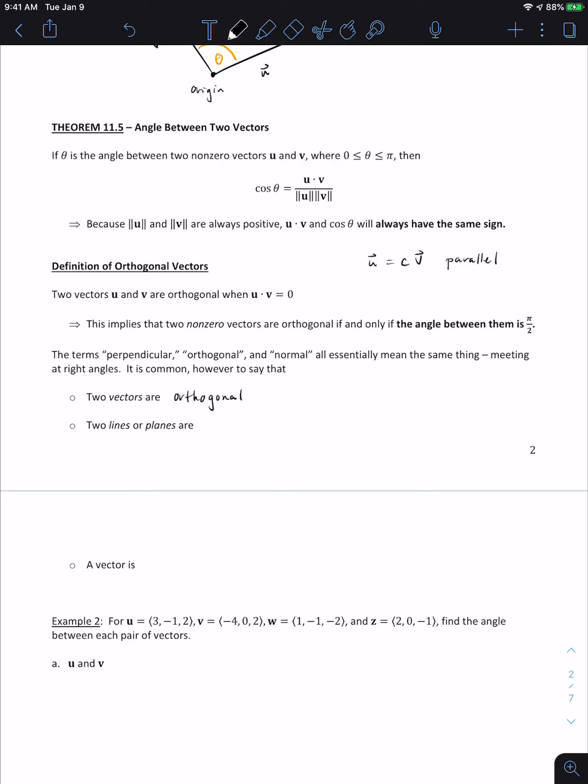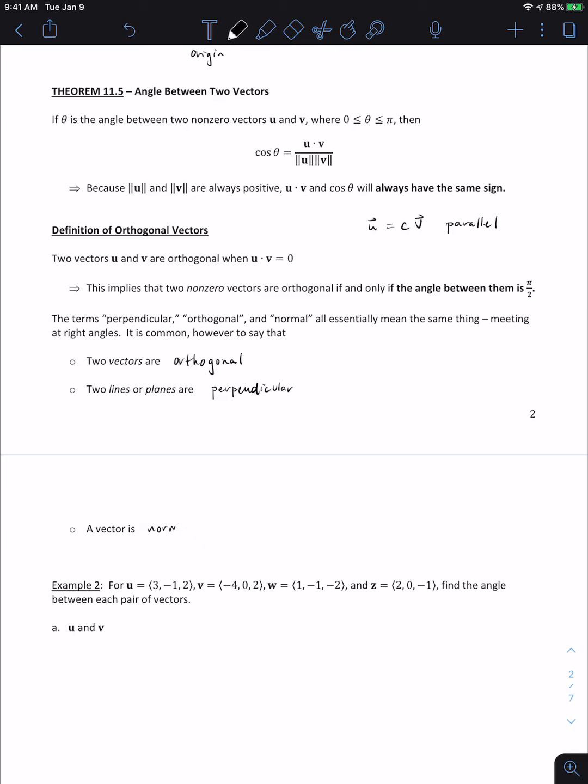We don't say parallel, perpendicular or normal. Two lines or planes are perpendicular. That was probably the first word you learned out of these 3, because that's what you learn in grade school when you start talking about lines being perpendicular. And then a vector is normal to a plane or a line. So that's the case when we start talking about normal.